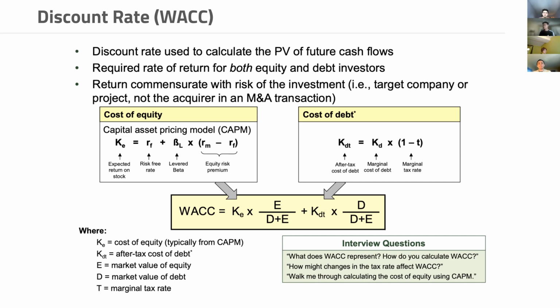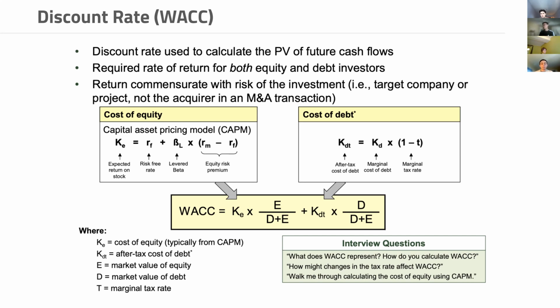And then we have the cost of debt. And really the key thing with the cost of debt is that you think about taxes, because interest is tax deductible. So we have a marginal cost of debt, which is oftentimes just given to you. How much does it cost for the company to borrow money? And then the after-tax cost of debt, you just get it by taking 1 minus the tax rate.